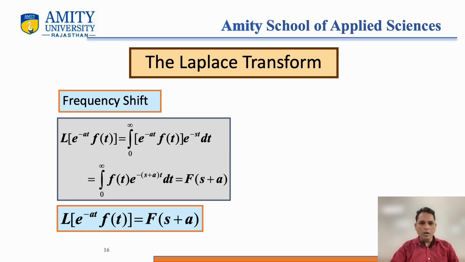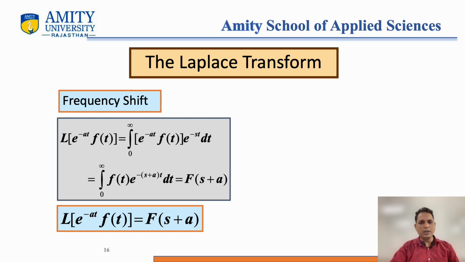Now, in the same manner, if I go particularly for frequency shift, that means we have a multiplication of the function with e^(-at). So your answer becomes, as we have written in the last line, Laplace of e^(-at) f(t) is f bar, that is F(s plus a). So how to solve this approach?